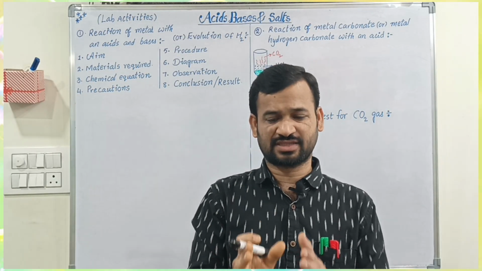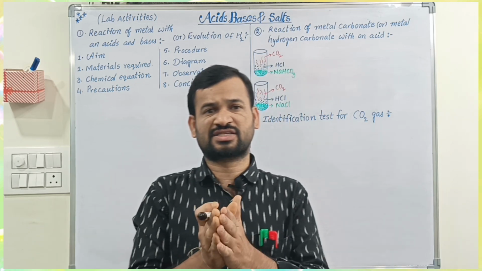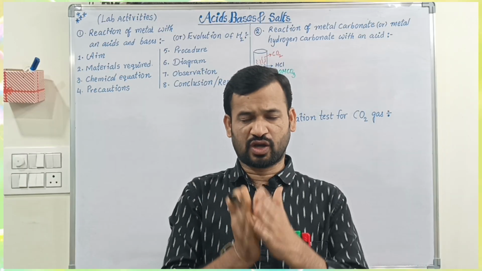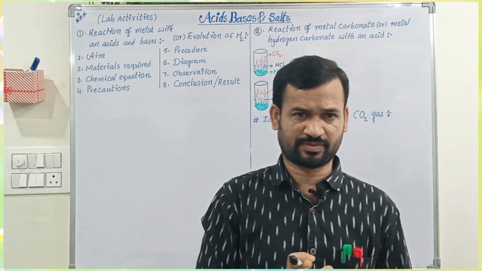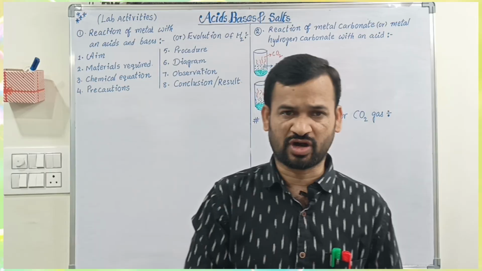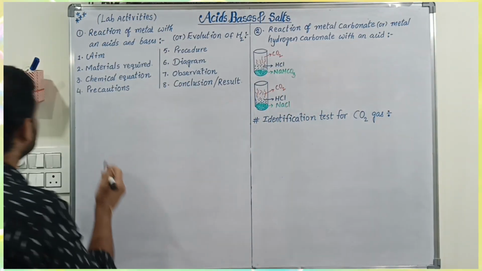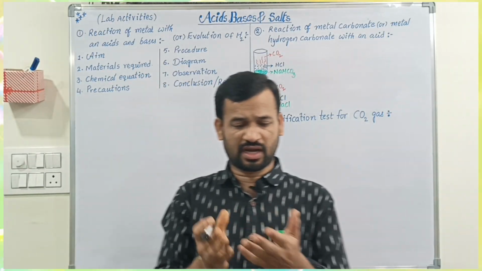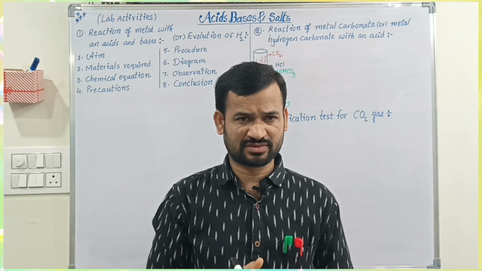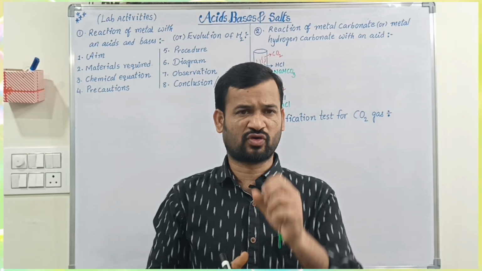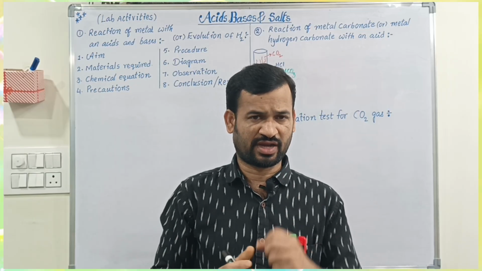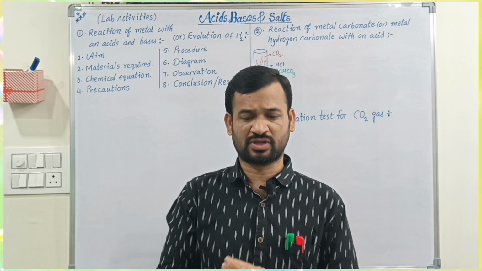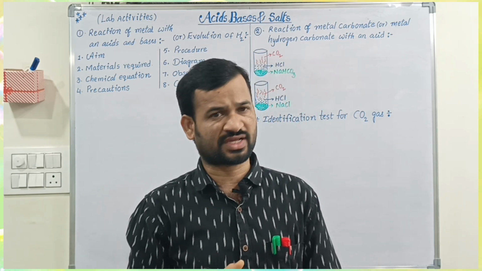First we will discuss how zinc metal reacts with dilute hydrochloric acid, and then how it reacts with base and what type of product is formed. First, we take a test tube, add a few zinc granules and add some dilute hydrochloric acid. After a few minutes we can observe the formation of hydrogen gas.